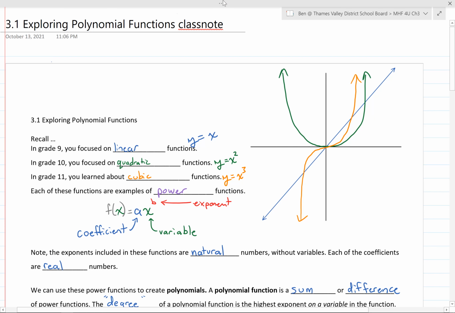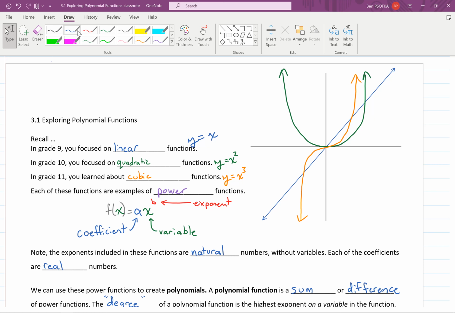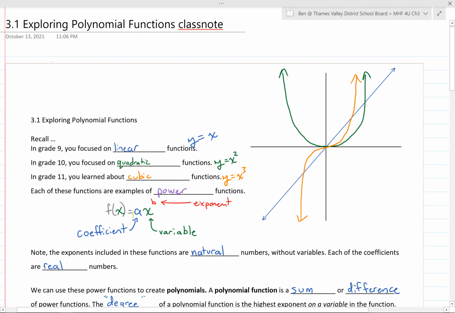Now a power function is set up in a way that you have seen before, where you have a coefficient. In this case, we used a. It can be any number that's part of the real numbers, and it has a variable, your independent variable. Your independent variable, obviously, we're used to using x here, and lastly, it has an exponent.